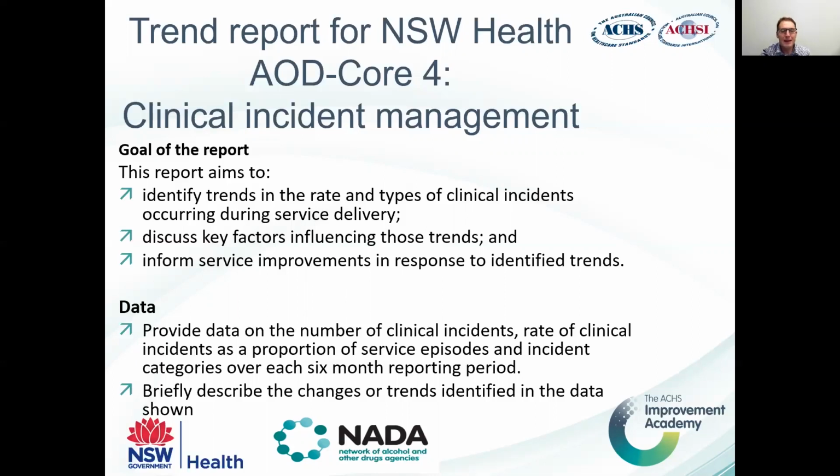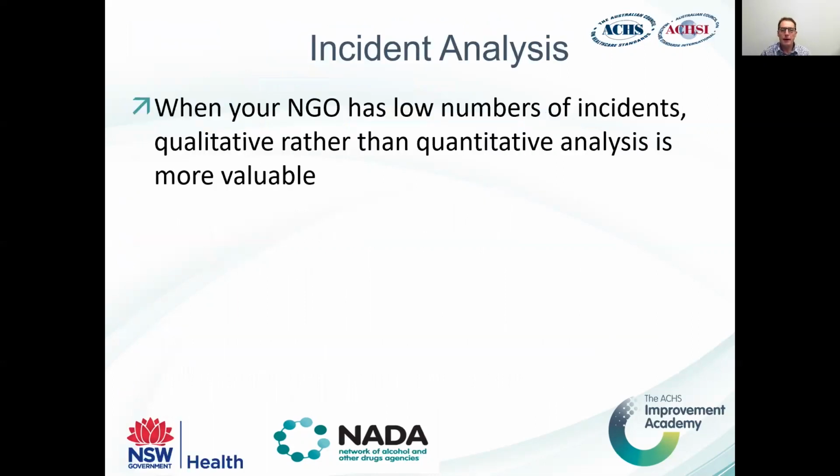I would like to make the point, though, that many NGOs have low numbers of incidents, and so I think it's important for those NGOs to not get too hung up on the numbers.